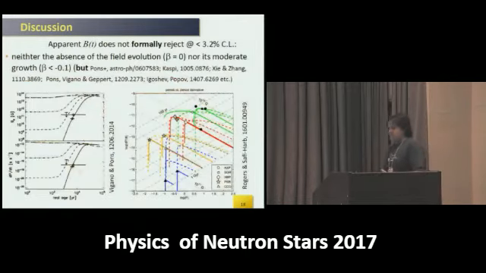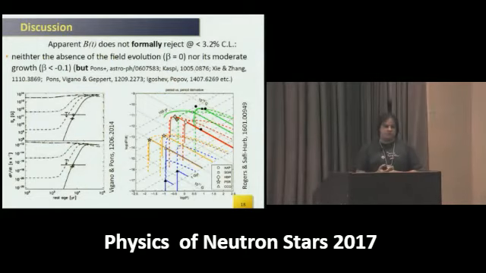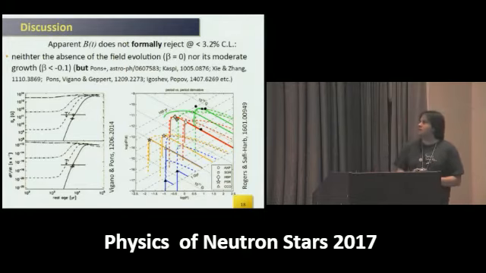Finally, as I already said, the growth of the magnetic field seems quite confusing, and my personal view is that it is unlikely to be the case. But if one thinks it could be real, then I would like to note that growth of the magnetic field is not an exotic process.